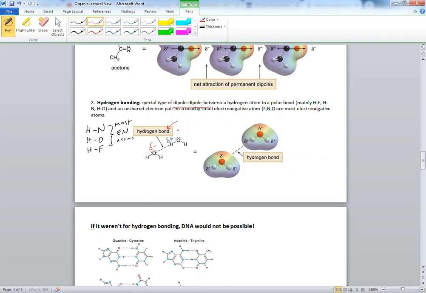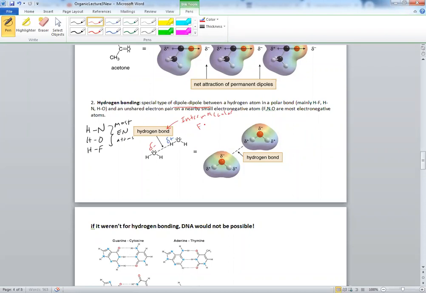It's just the name that has been adopted, and now it's part of the tradition of chemistry, but it's still an intermolecular force. So you can think of it as a hydrogen intermolecular force. Don't let the word bond make you think that this is like a covalent bond.